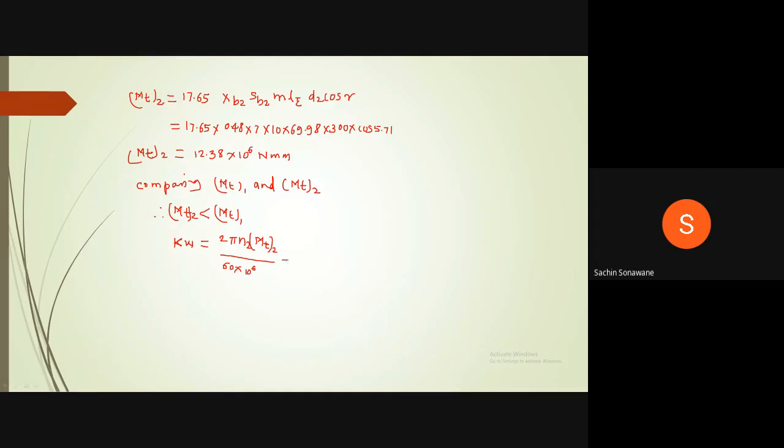Substitute the values: 2 pi into N2, which is 40 RPM, into 12.38 into 10 raised to 6, divided by 60 into 10 raised to 6. Kilowatt is 51.85. Okay, this is our answer.